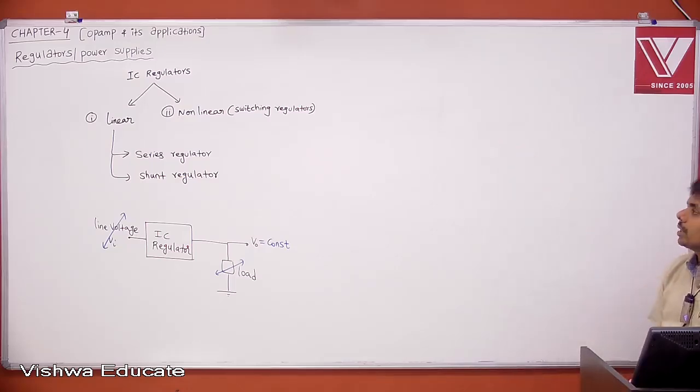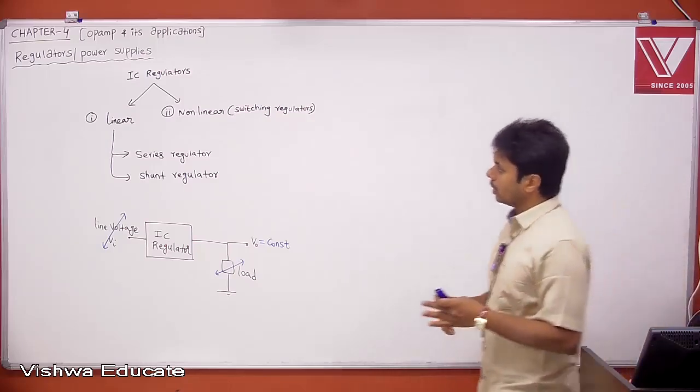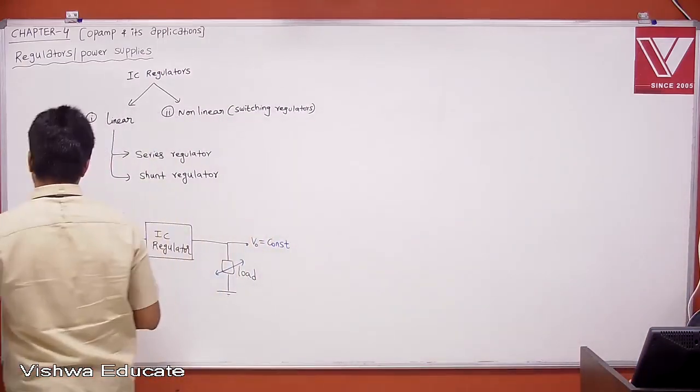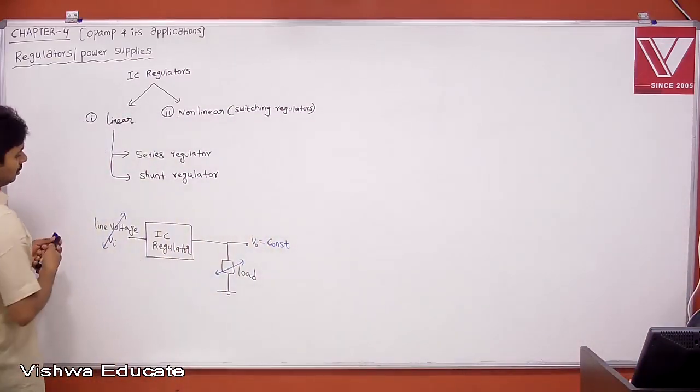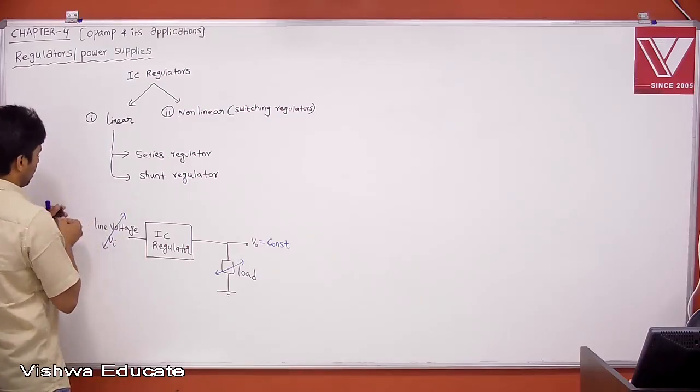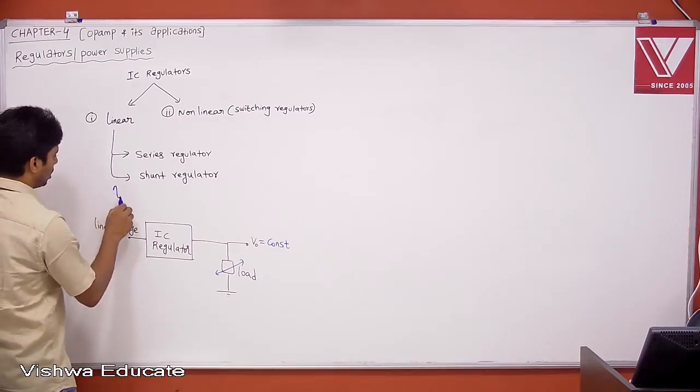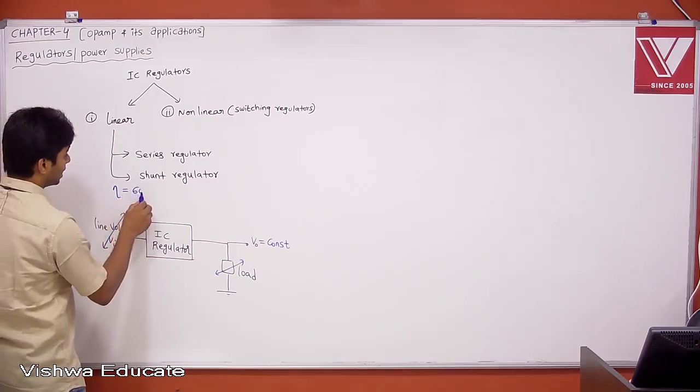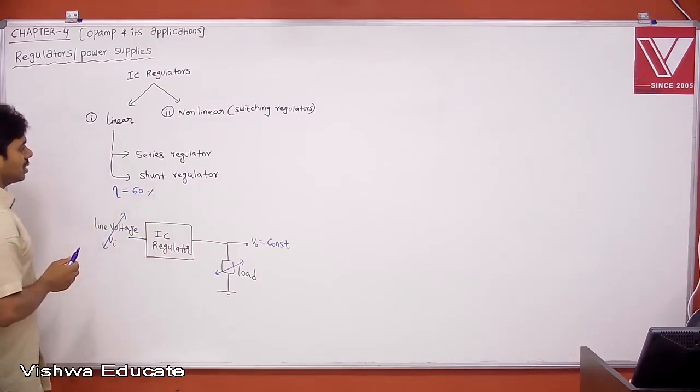And we don't have switching regulators in our syllabus. When you speak about switching regulators, maybe a little bit, not completely. For linear regulators, the efficiency is close to 60%. What do you mean by efficiency?